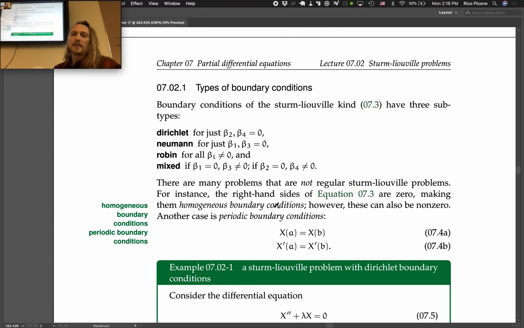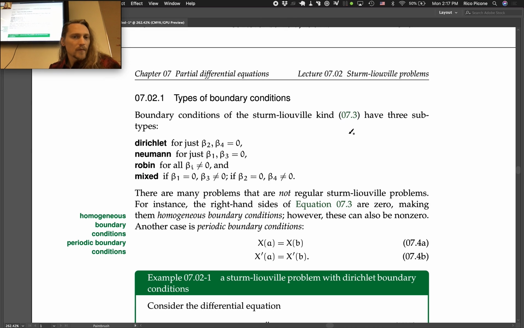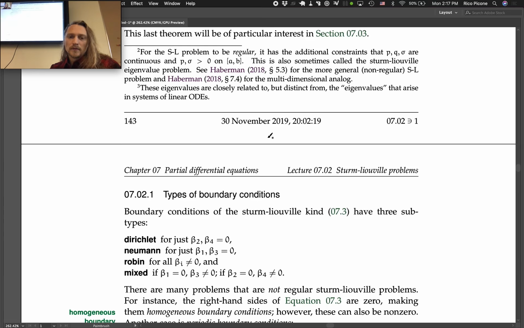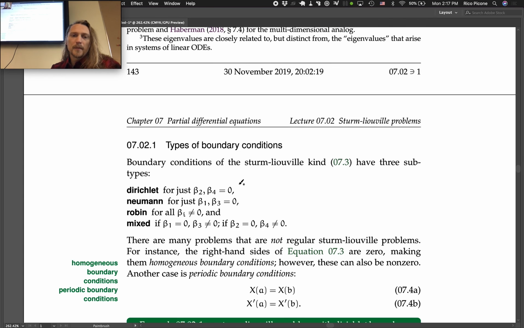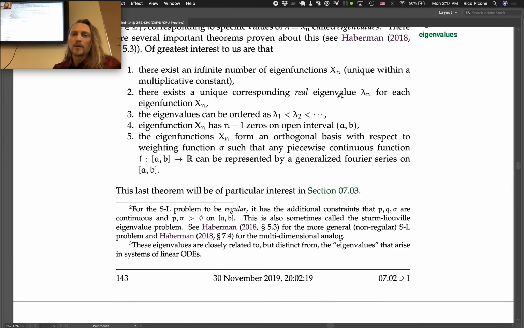Types of boundary conditions. Boundary conditions of the Sturm-Liouville kind have three subtypes. Well, I guess I listed a fourth, which is not always listed, but four subtypes, we'll say. Dirichlet, and that's for just beta 2 and beta 4 equal to 0.